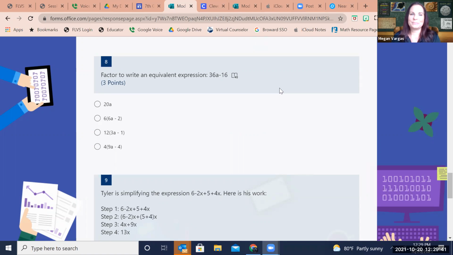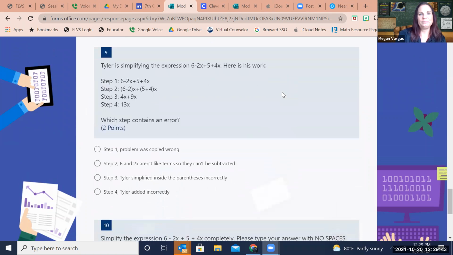All right. Number 9. Tyler is simplifying and we have to find his mistake. So he starts with this. And then what in the world, you guys? Where did he get these parentheses from? You can't just stick parentheses in like that.